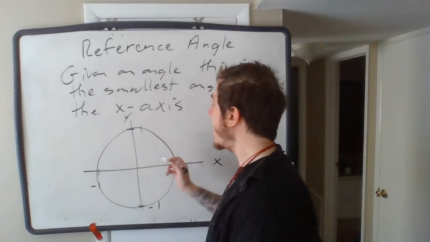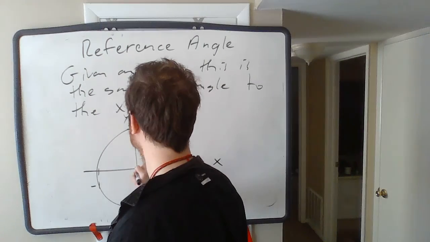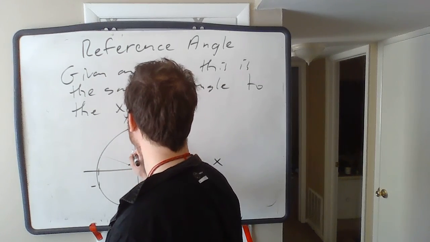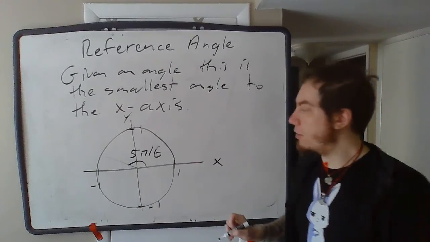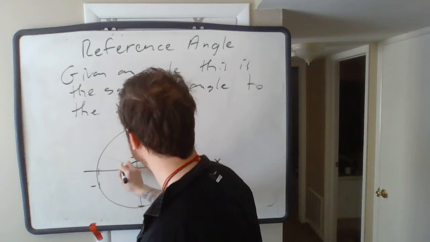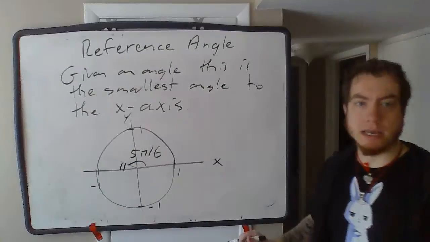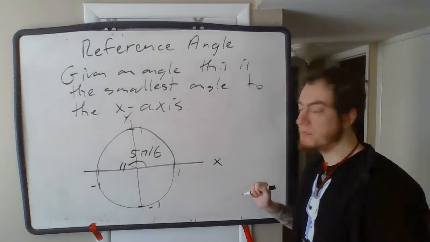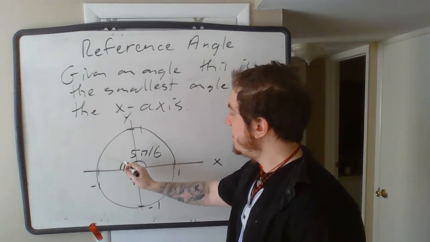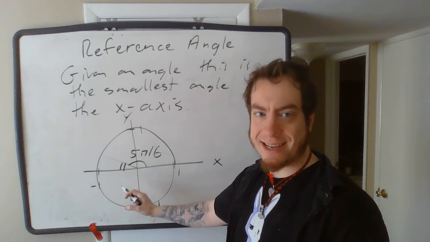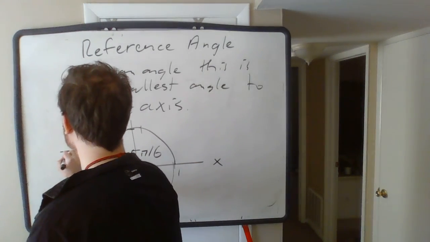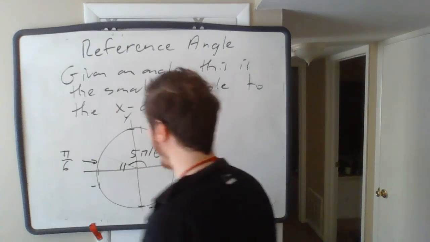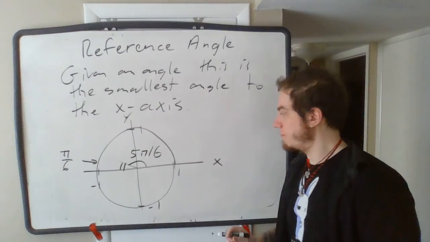Let's say that I'm working with this angle over here, and this is an angle of 5 pi over 6. Well, the reference angle would be this angle that I'm marking with the double arc symbol here, that this angle makes with the x-axis, okay? And that is, of course, going to be an angle that has a size of pi over 6 in radians.